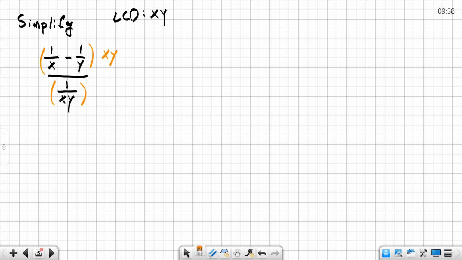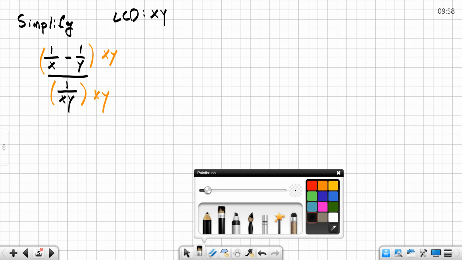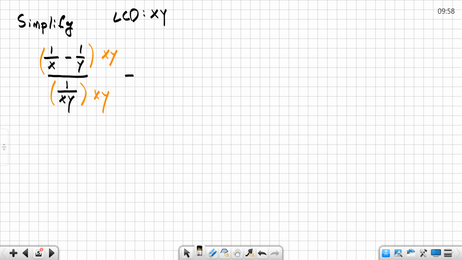And if I now multiply the top and the bottom with xy, then there is something really pretty going to happen. If I multiply it with this first fraction, what is happening to the x in the denominator? It will go away and I'm left with y. This x down here is going to cancel out with this x.